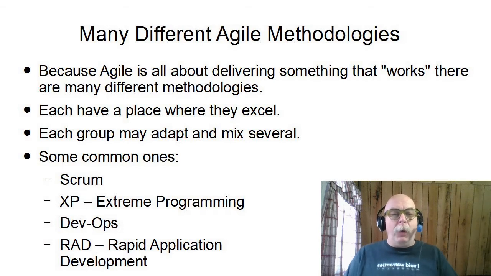There are a whole bunch more, and everybody's creating new ones, but the idea is to pay attention to the Agile Manifesto and see what they're doing. Now, notice that Agile is all about delivering something that works.